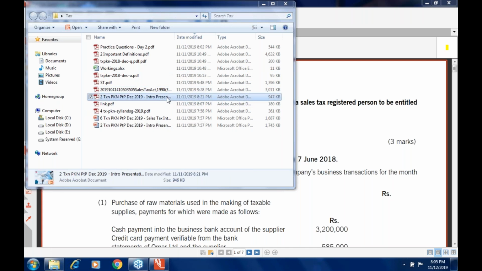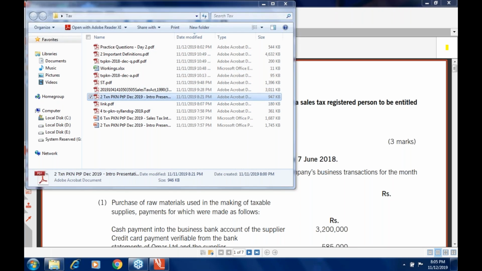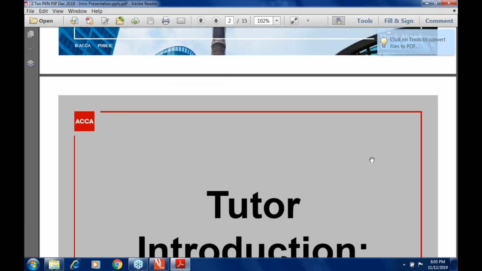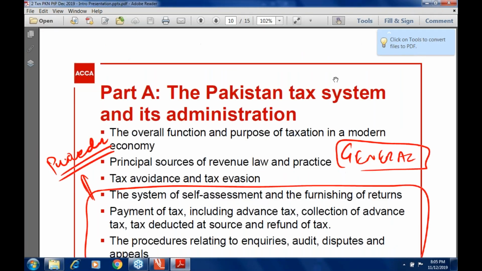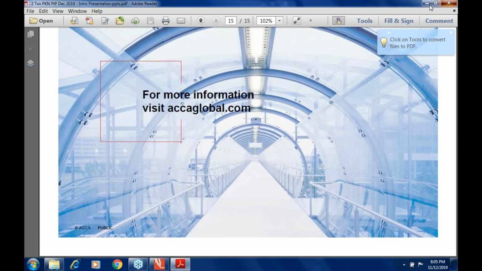Basically, in yesterday's session, we had a review of the syllabus of this Taxation Pakistan variant.